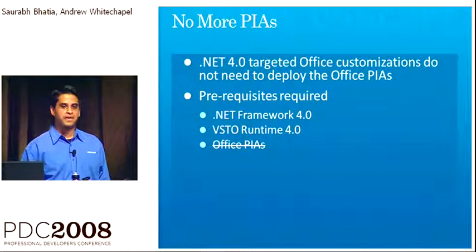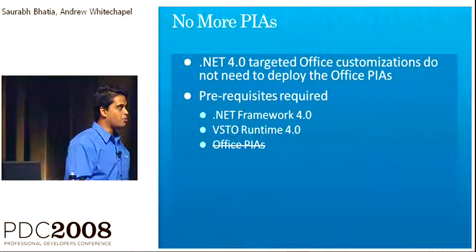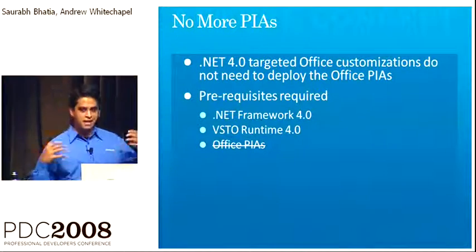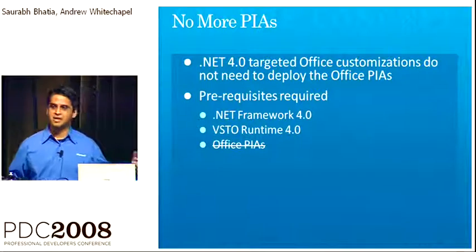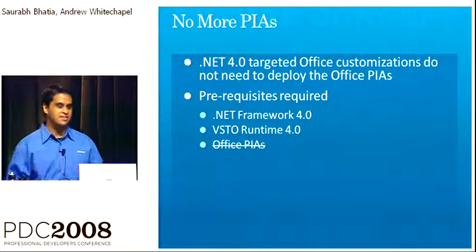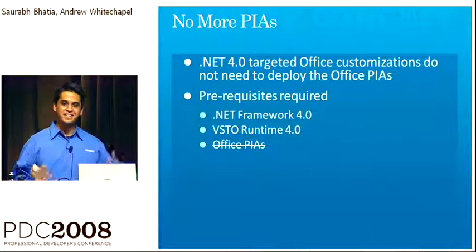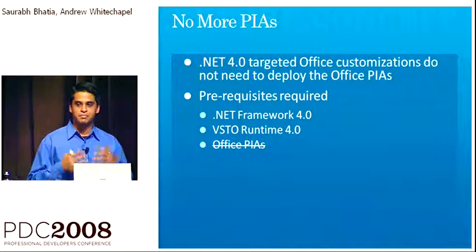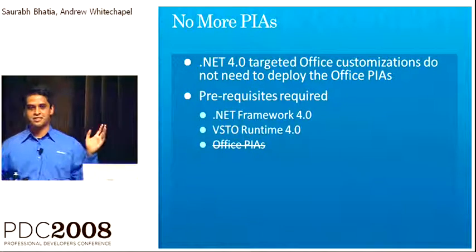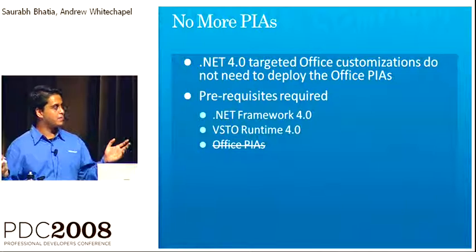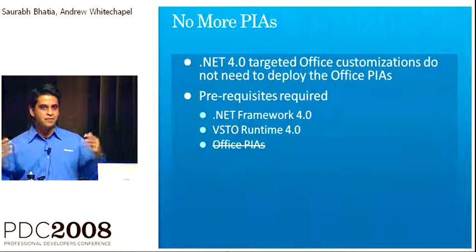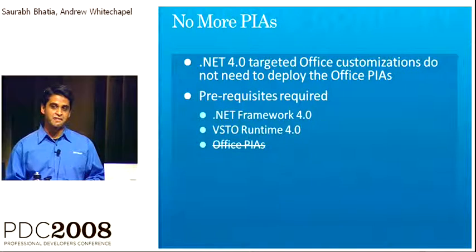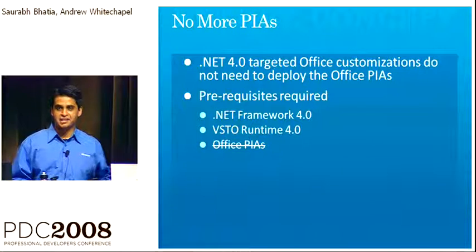So that's no more PIA, a new feature in .NET 4.0. It has a much broader impact than Office customizations, but the first to get this direct impact is going to be Office customizations, because we are effectively removing one entire prerequisite from the list of prerequisites required to run this application. And we hope to increase the speed at which you can now deploy your customizations.